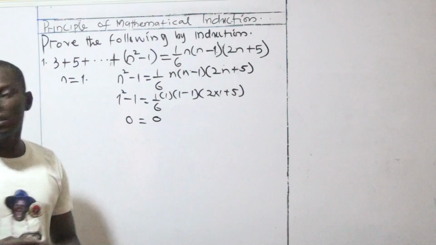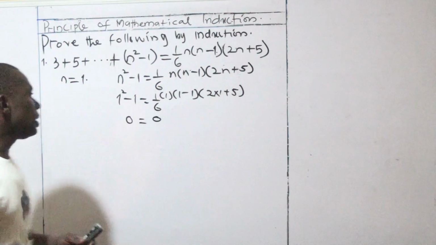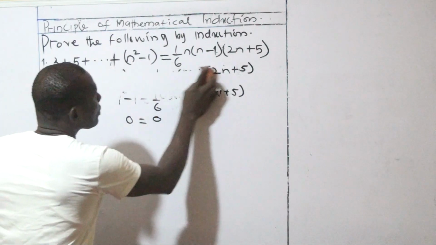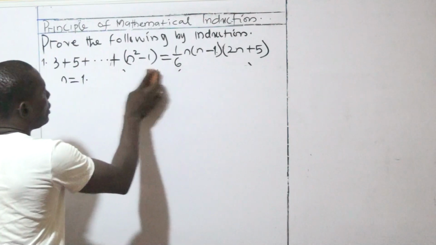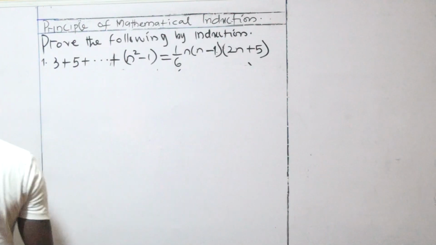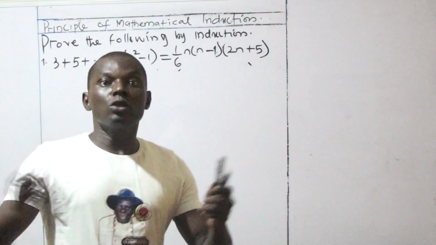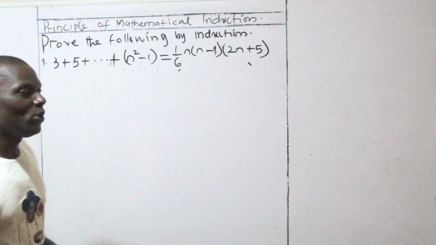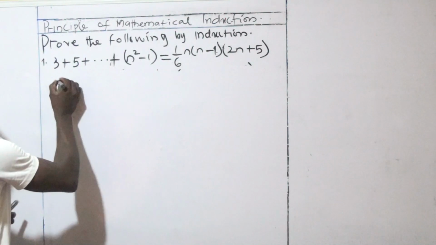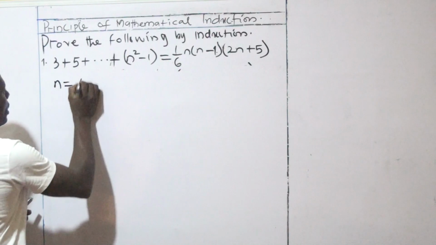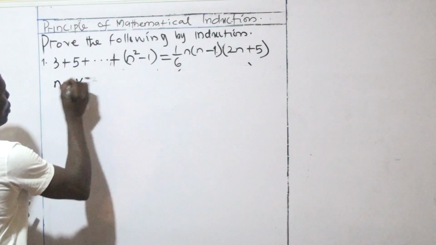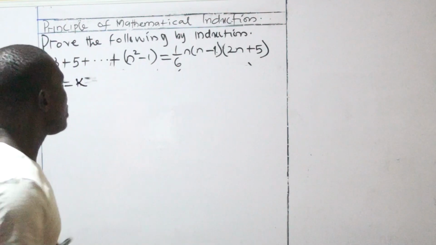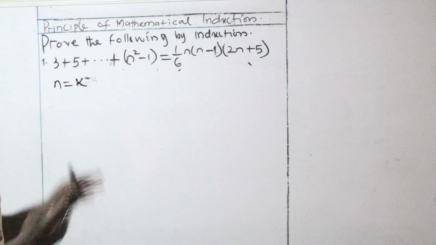So once we have established that, we can go further to say that since it is true for n equals 1, it also holds for n equals k. So that is the next step. n is equal to k, so what we do here, we substitute k in place of n on both sides of the equation.